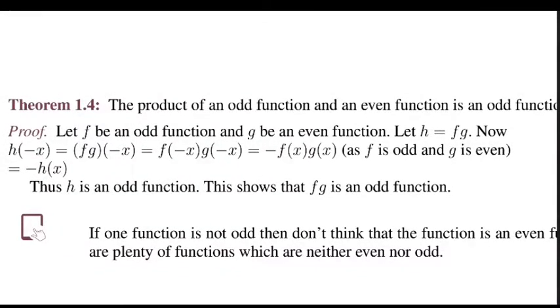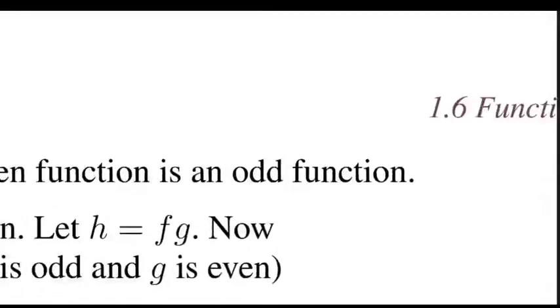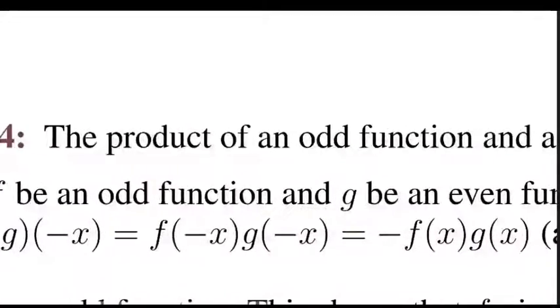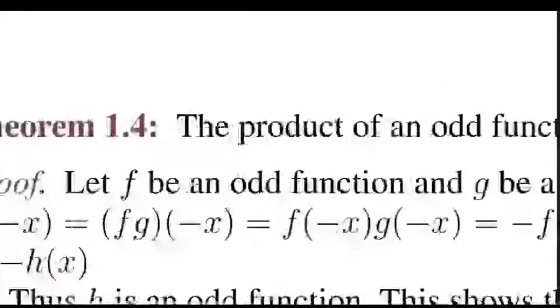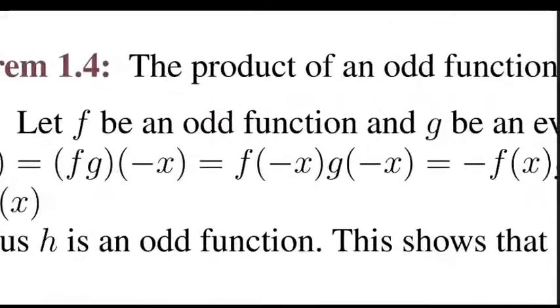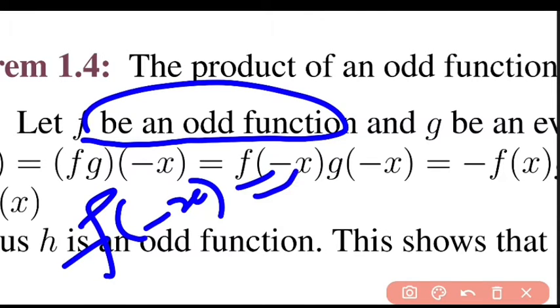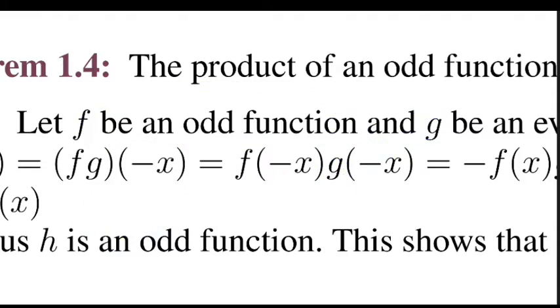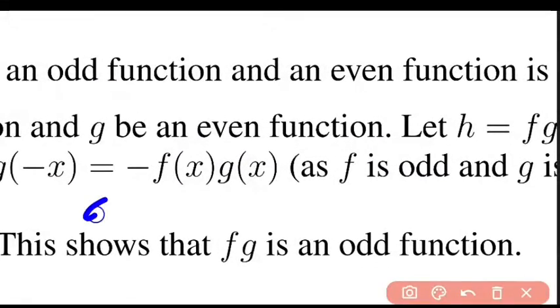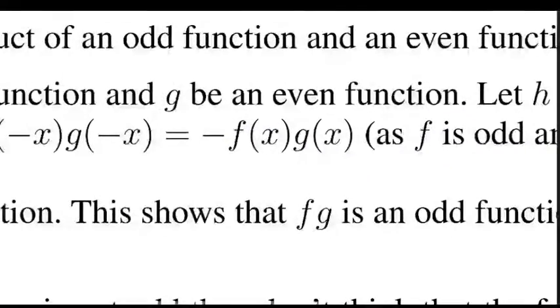Very important theorem. Prove that the product of an odd function and an even function is an odd function. First we take f as an odd function, meaning f(minus x) equals minus f(x), and g as an even function, meaning g(minus x) equals plus g(x).